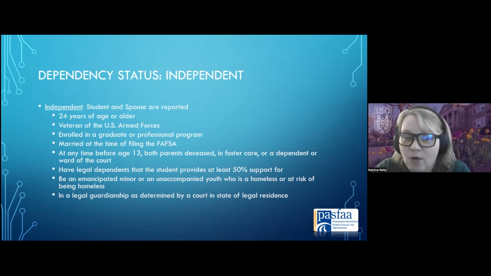There is a question, and you'll see the question that says, do I want to provide information about my parents? If they put no, what will happen is the schools they have put on the FAFSA will reach out to the student to ask about the student's situation and why the student is unable to provide parent information. And that's up to each individual school, what documentation they may require, or if the student has to do an appeal or something like that.